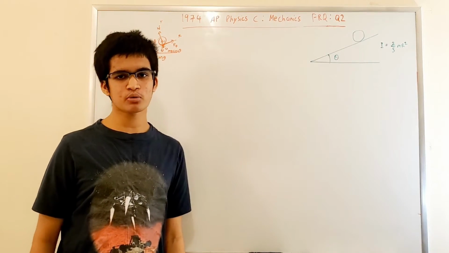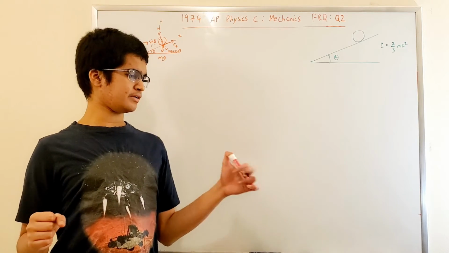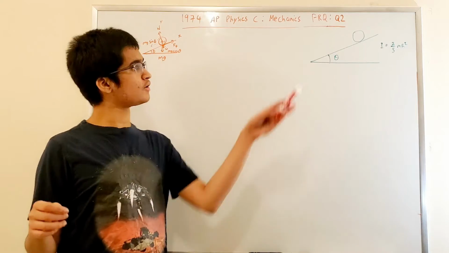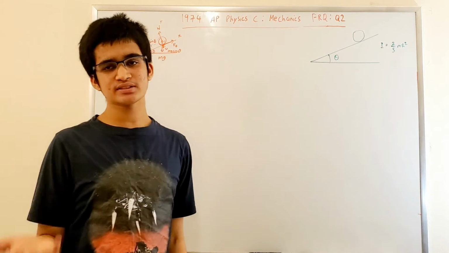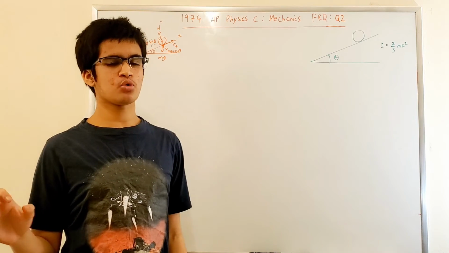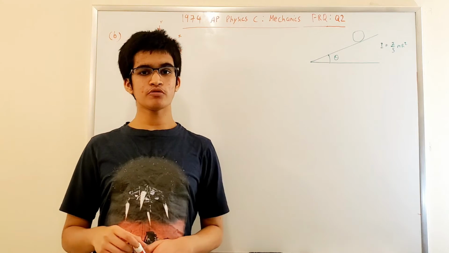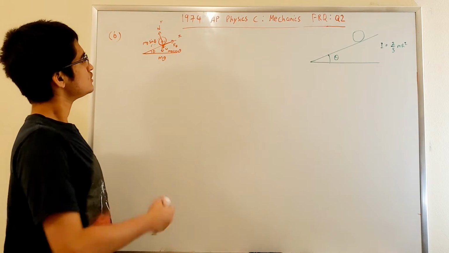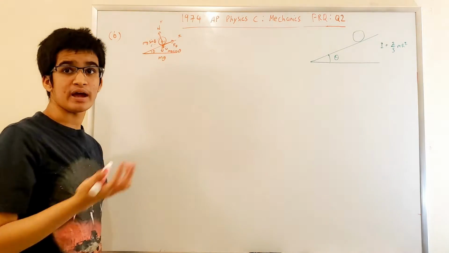For the second part of our question, we need to do a little bit of experimentation. We need to figure out if mu is 0, whether the speed of the sphere at the bottom of the incline is going to be more, less, or the same as when it's rotating. The first thing to notice is that without friction, our sphere will never be able to rotate.